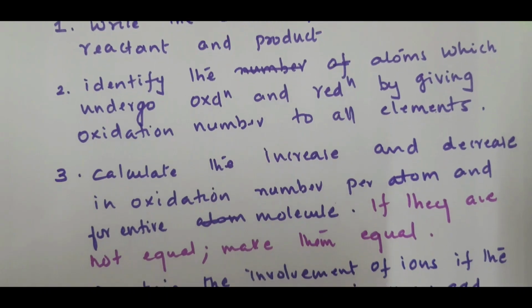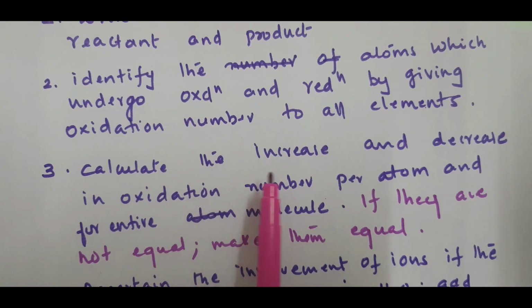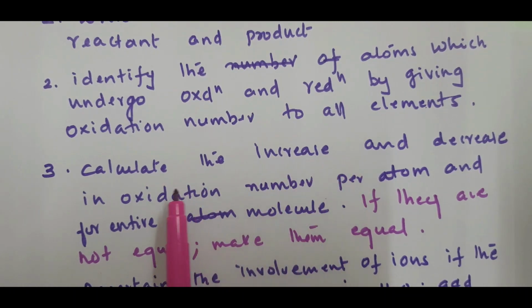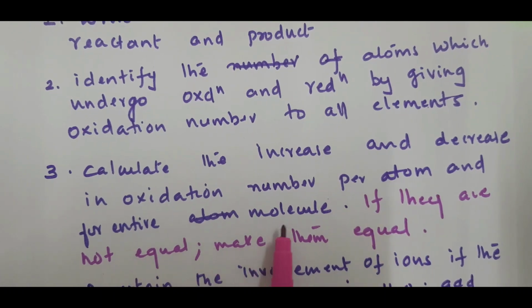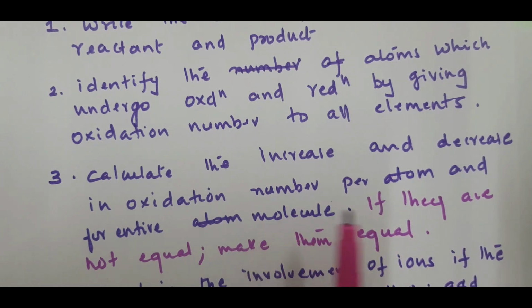Once you identify the atoms which undergo oxidation and reduction, then you calculate how much increase or decrease there is in the oxidation number per atom and for the entire molecule. For example, if it is +6 to +8, there is an increase of +2.